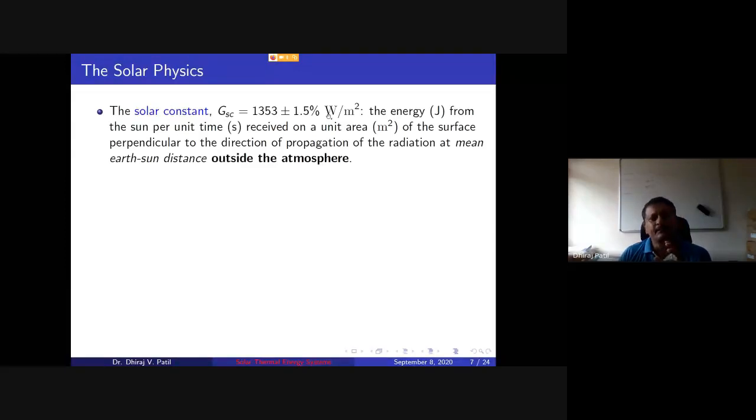These solar panels should be able to absorb this much radiation and should be stable, so that this energy which is received outside the atmosphere is a fixed amount of energy with little variation. So you can design your solar panels.